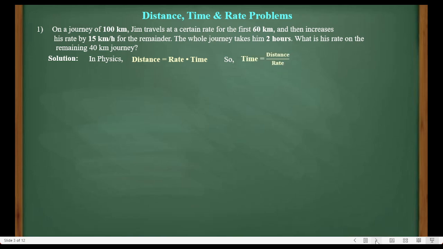If we transform this formula, solving for time, that is equivalent to the ratio of the distance traveled to the rate. And as stated in the problem, the total time of travel of Jim is 2 hours.